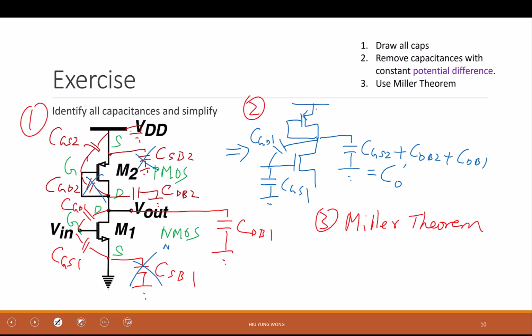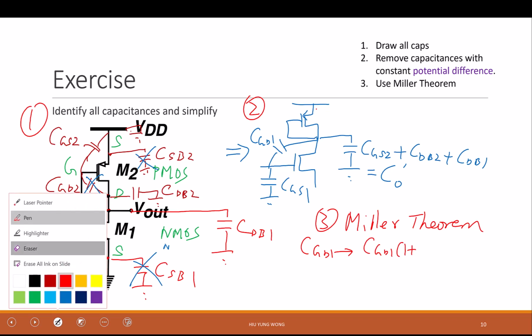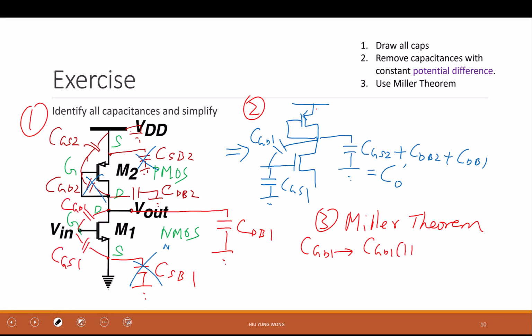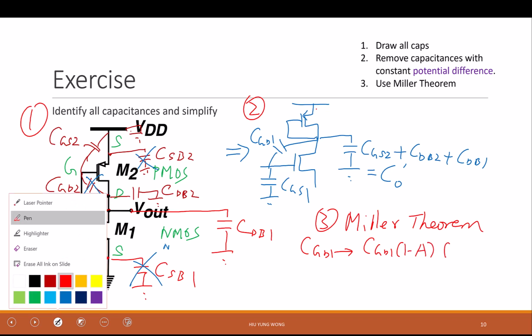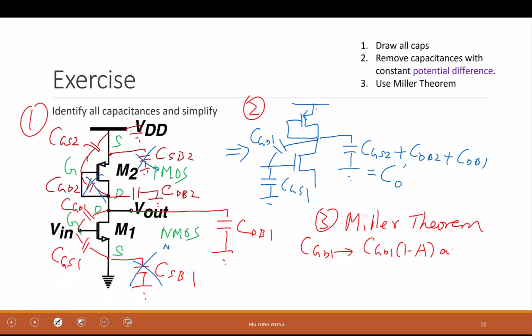I'm going to break CGD1 to CGD1 times 1 plus, or let me just use the original equation, 1 minus A at the input, and CGD times 1 minus 1 over A, right?